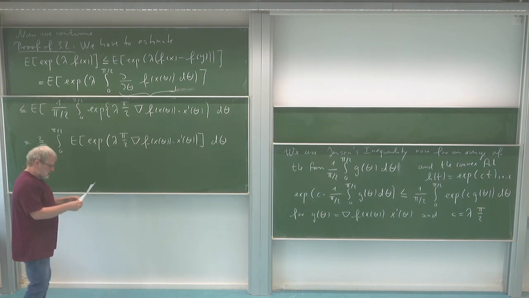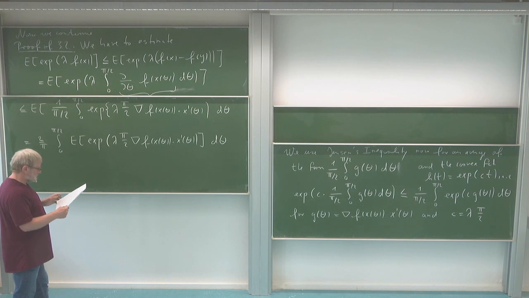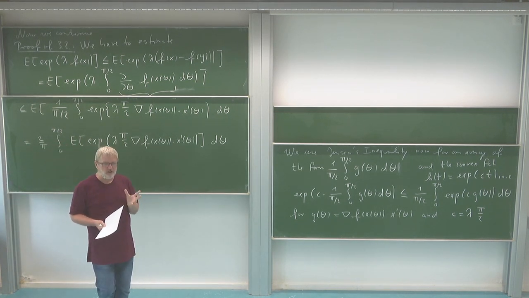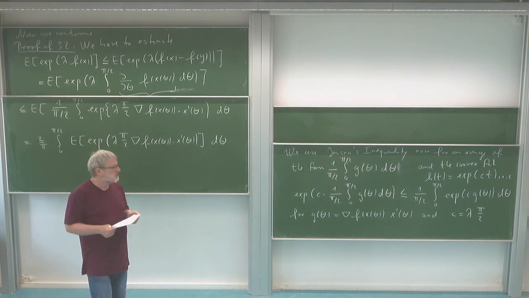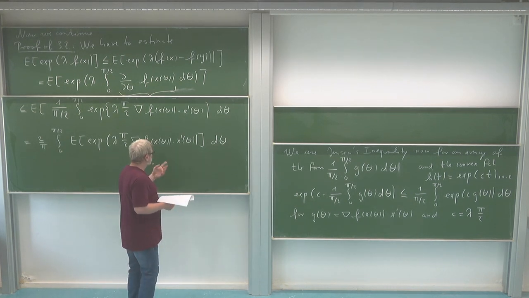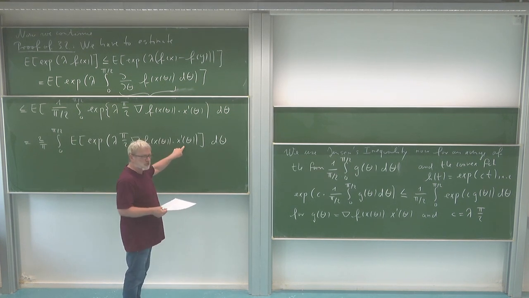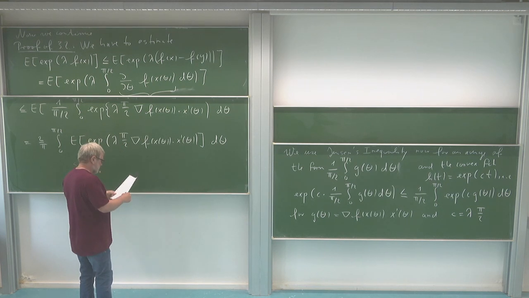And now this expectation is with respect to the underlying Gaussian distribution of x and y. But we have seen that if x and y are standard Gaussian random vectors, then the same is true for those two, and they are independent.